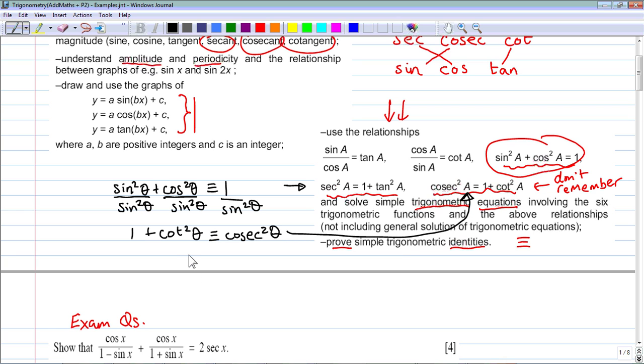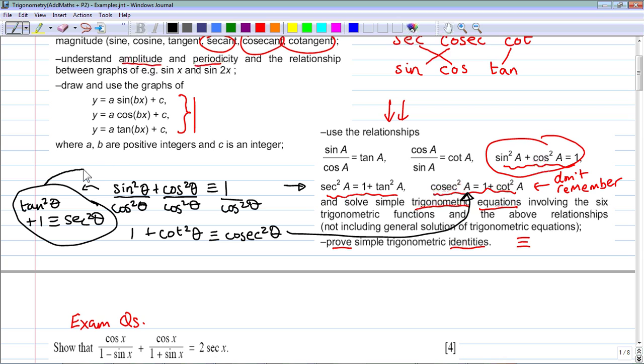And if instead you divide by cos squared theta, sine squared theta over cos squared theta plus cos squared theta over cos squared theta equals 1 over cos squared theta, this will give you the other one: tan squared theta plus 1 is identically equal to sec squared theta.